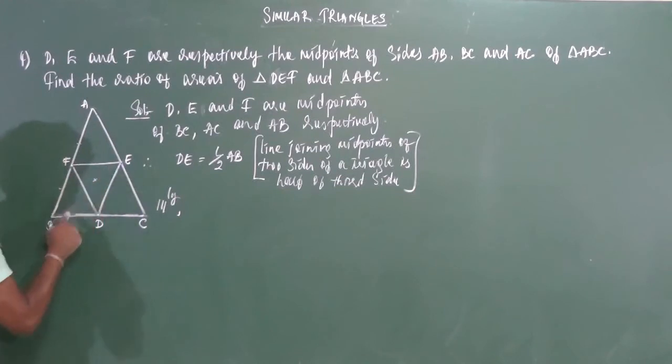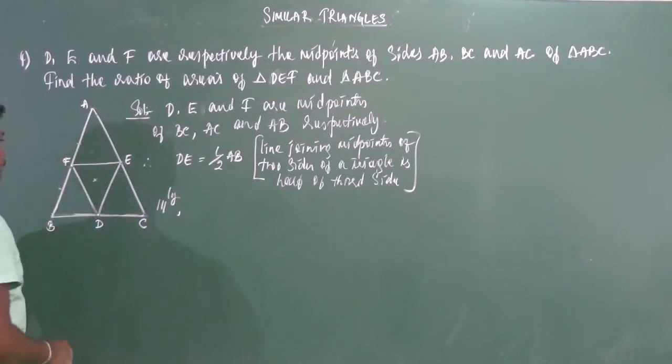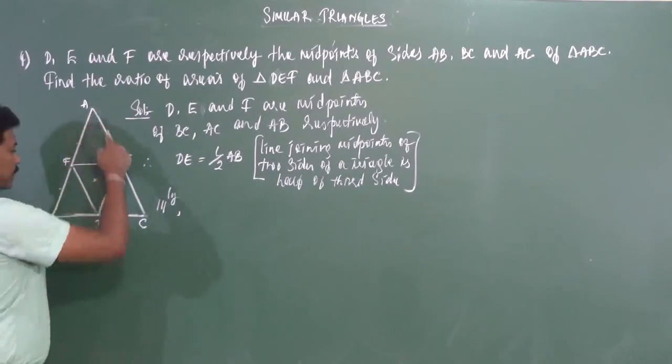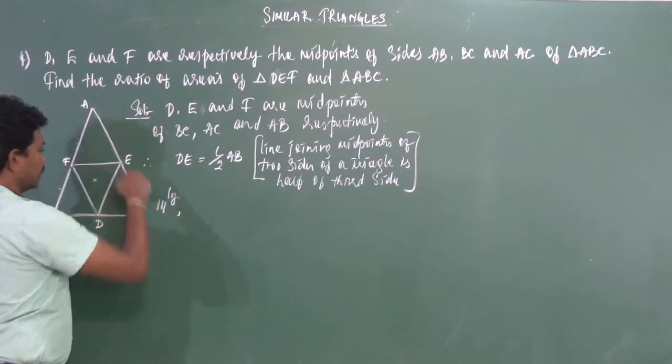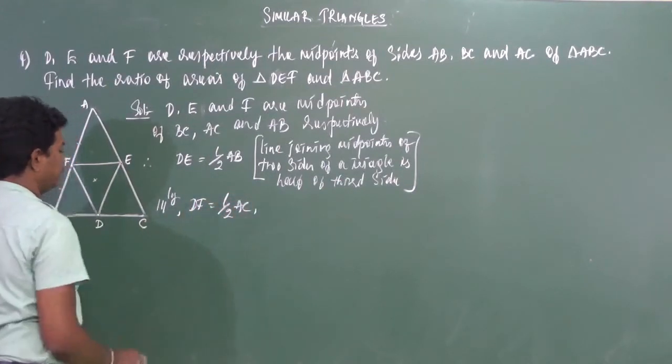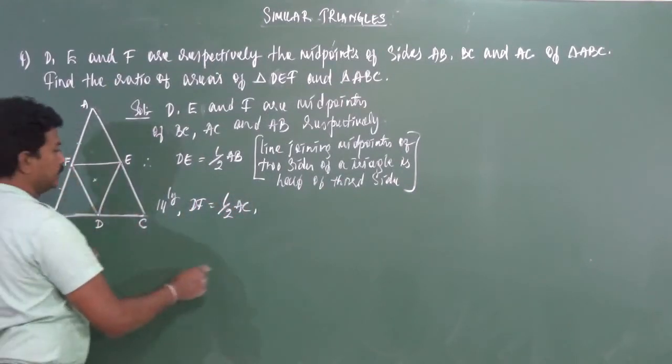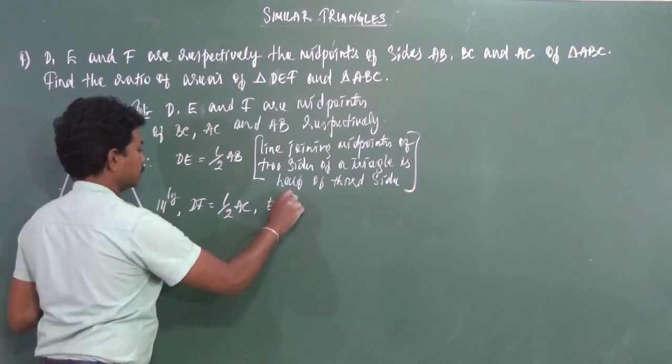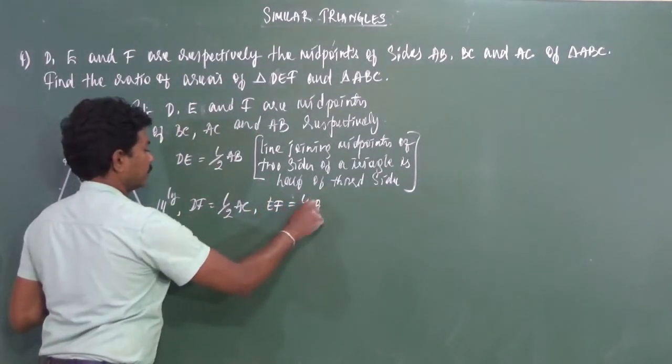Then this line should be parallel to the third side and half of the third side. So EF is equal to half of BC.